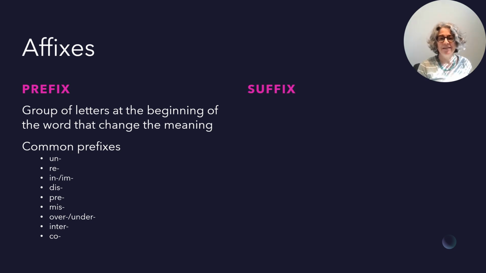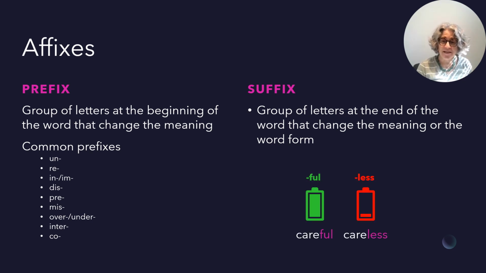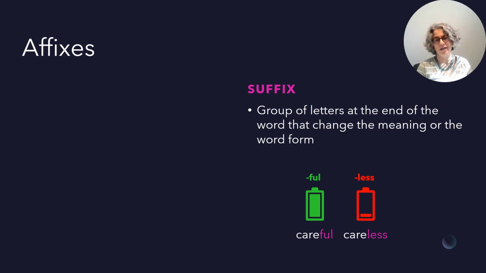The second kind is a suffix, a group of letters at the end of the word, and it can change the meaning or change the word form. Full and less are examples of two suffixes that change the meaning in careful and careless. But for the rest of the video, we'll focus on those suffixes that change the word form.